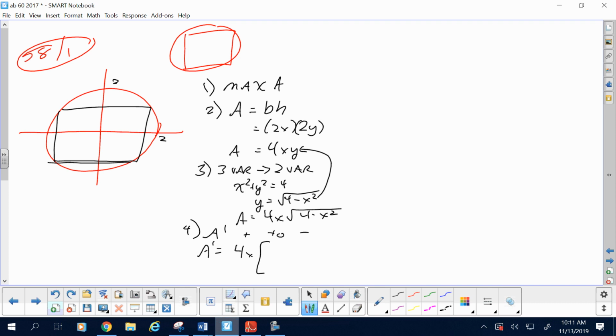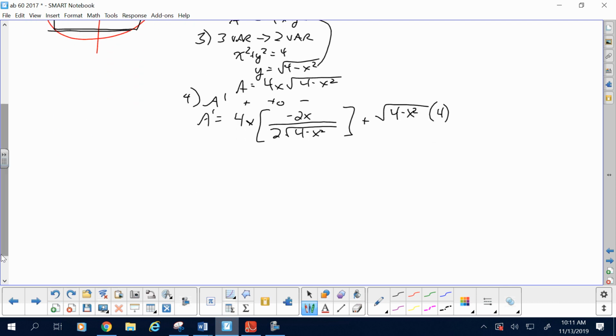What is the derivative of the second? 1/2 (4 minus x squared) to the negative 1/2 times the inside derivative by chain rule. Plus second stays the same, root 4 minus x squared, times the derivative of the first, which is just 4. Product rule, check.